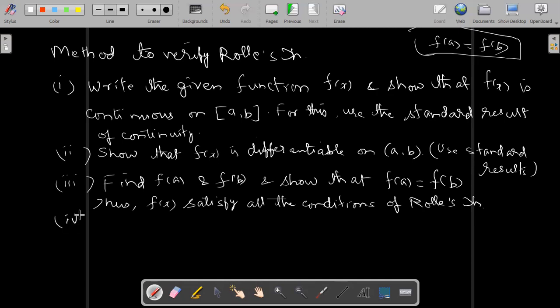Then the fourth point. Now find the first derivative of f(x), because f'(x) is equal to 0. So you will find f'(x), not f(x).